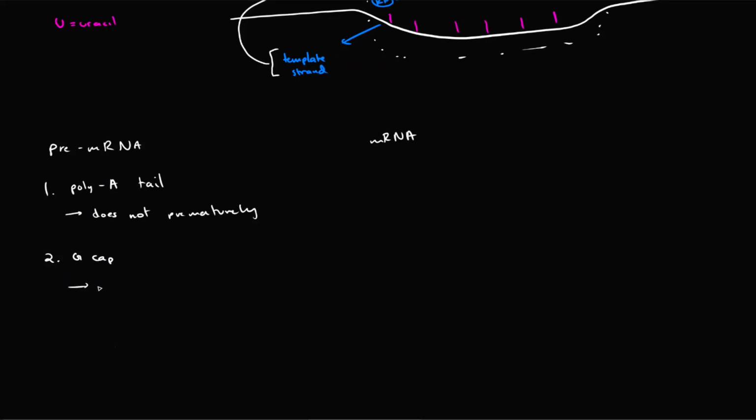And not only does this stop the degradation of the mRNA, but at the same time it serves as a place for the ribosome, or a place of conversion between mRNA to a protein, to recognize the pre-mRNA, which is then in mRNA form. So it helps recognize the mRNA.